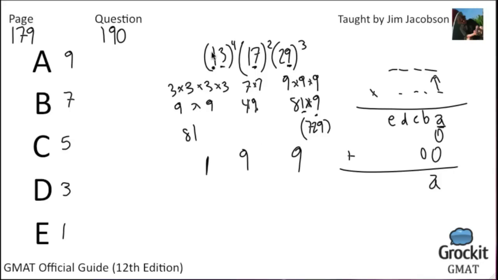Anyway, if we multiply each of these numbers together, 13 to the 4th times 17 squared times 29 cubed, we would be multiplying these units digits times each other. 1 times 9 times 9 equals 81, and once again the units digit is going to be 1. Answer choice E.